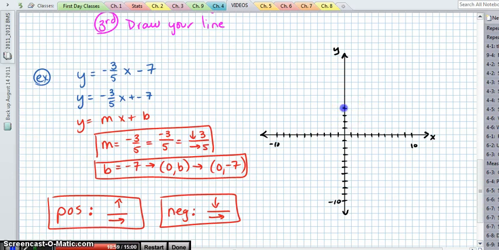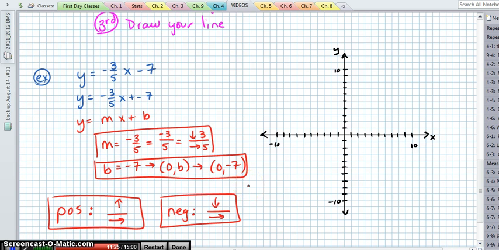The reason why I'm saying this is because I know I'm going to have to start down at 0, negative 7, and then I have to go down 3 and over 5. It will just barely fit on my graph, but maybe counting by twos would have been a little bit better. We can always adjust our axis or axes if needed.